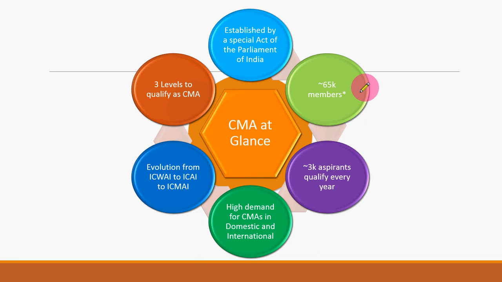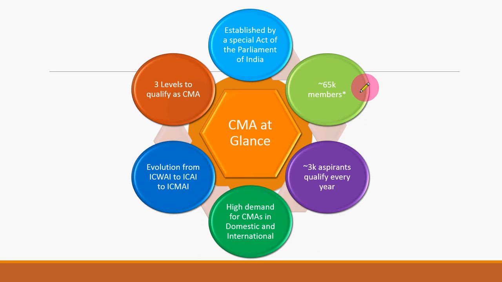In the current scenario, we have a huge demand for CMAs at both the domestic and international level. As for the evolution of the institute, earlier it was ICWAI, then we moved to ICAI, the Institute of Cost Accountants of India.